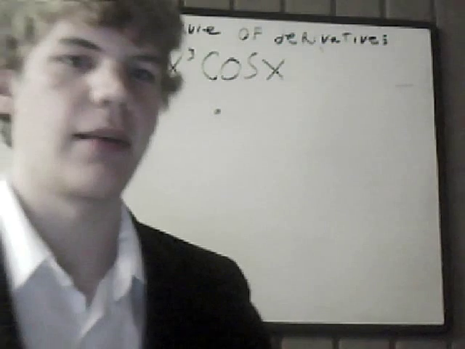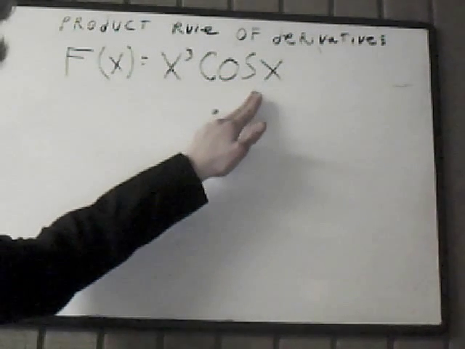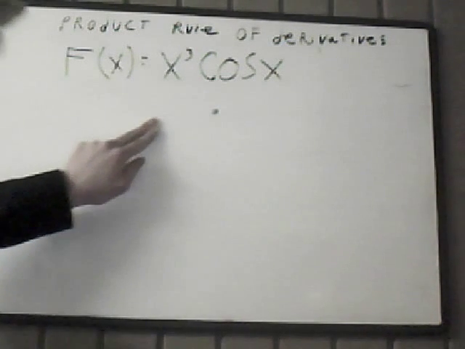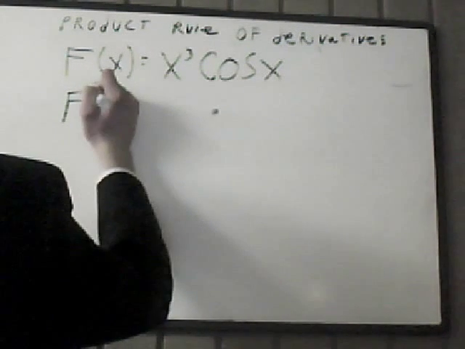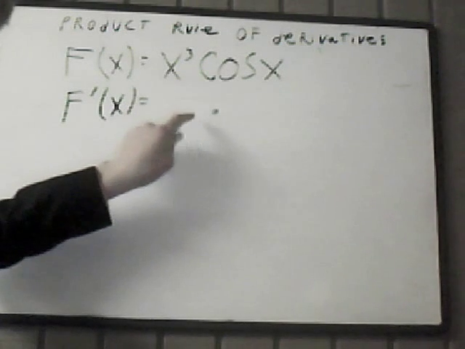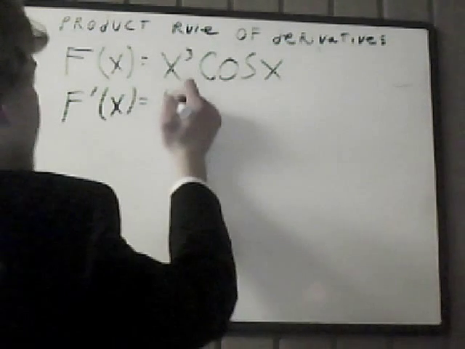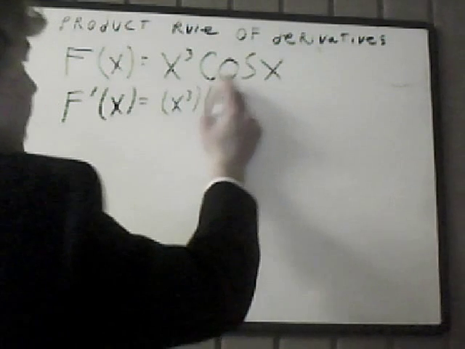For our next problem, we're going to be doing the product rule again, but this time there's a trig function involved. So these have a tendency of giving people a problem, so we're going to work our way through it. So f prime of x equals, apply our product rule now. So first factor, which of course is just x cubed, times the derivative of our second factor.